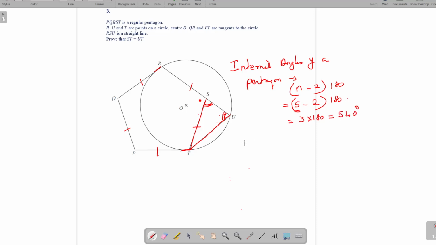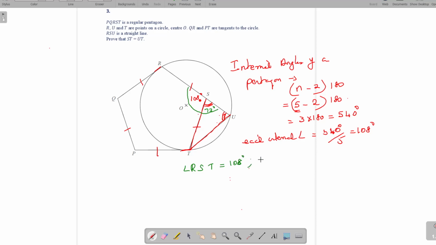So each angle will be, because it's regular, angles are the same, each internal angle would be 540 divided by 5, which is 108. So that is 108. If that is 108, this is a straight line, we know this is 72. So therefore we know RST is 108.